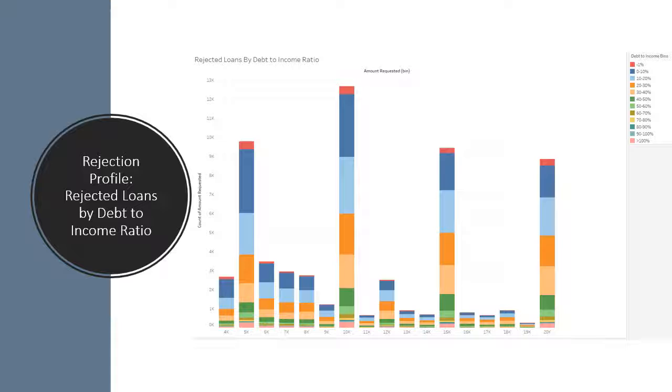In other words, debt to income ratios in the dark blue category at the top of the bars, which represents 0 to 10% debt to income ratio, are much higher risk than the bars representing the -1 debt to income ratio, or any negative debt to income ratio, which implies more income than debt for the borrower.